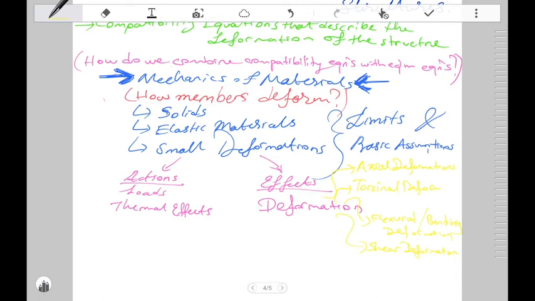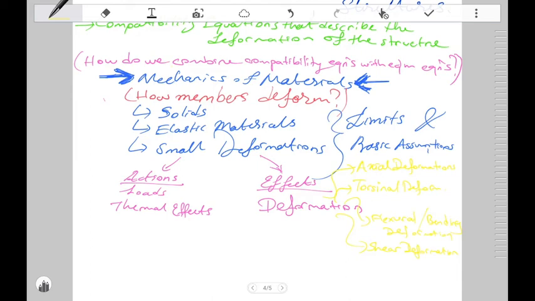The first section is the axial deformation. These are all the chapters of mechanics of materials. You first examine the axial deformation, then the torsional deformation, then flexural or bending deformation, and finally the shear deformation.